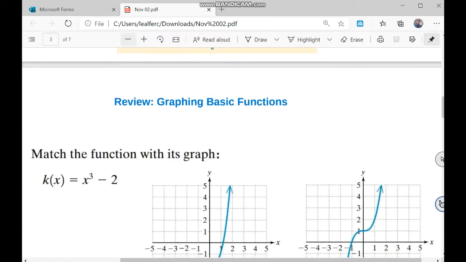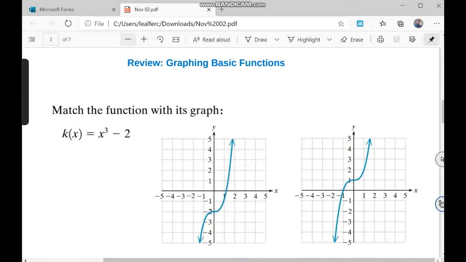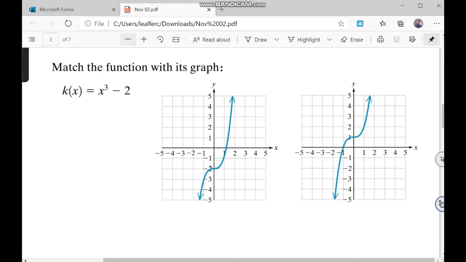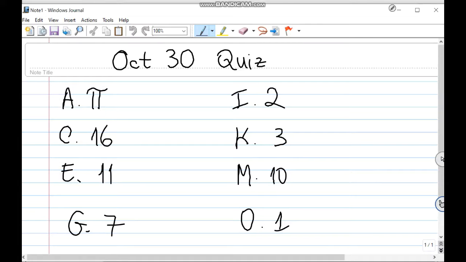Still a review, and that's how the question is going to look. Remember last Friday's quiz? Actually I forgot to show you a few answers from last Friday's quiz. I'm going to bring some feedback, some answers from last Friday's quiz.